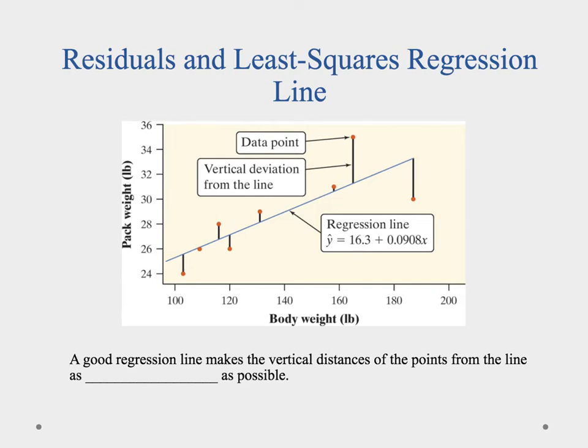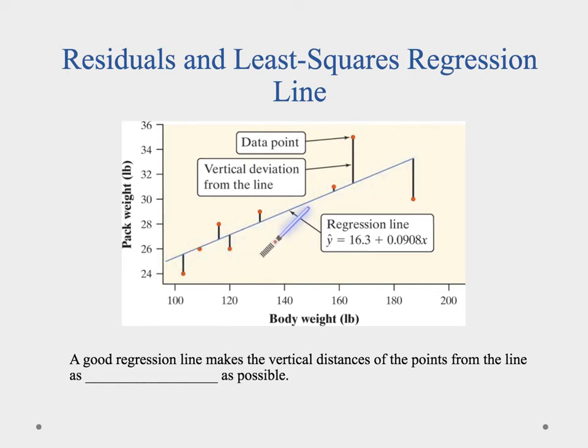All right, now we're going to move on to residuals and least squares regression line. A residual is an incredibly important part of statistics, and it's not that difficult, but it's just something that you have to visually see. A residual is the difference between a predicted line and the actual data value. So you can see here that we have a data point, say here, and we have a regression line here.